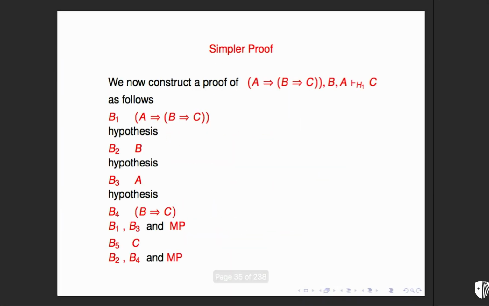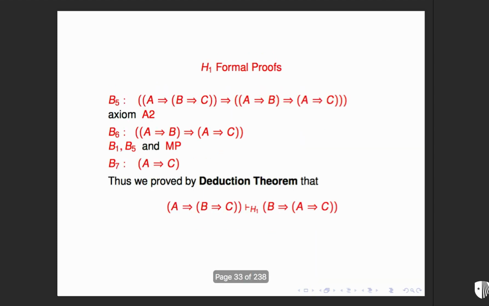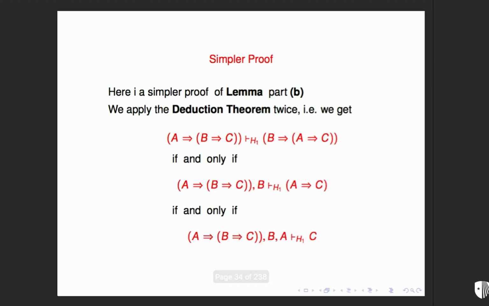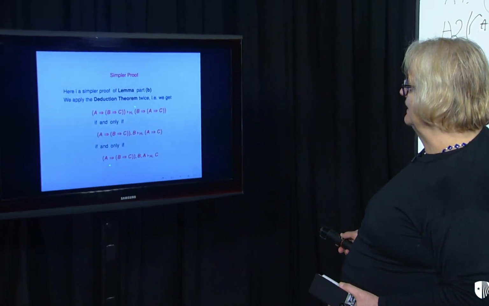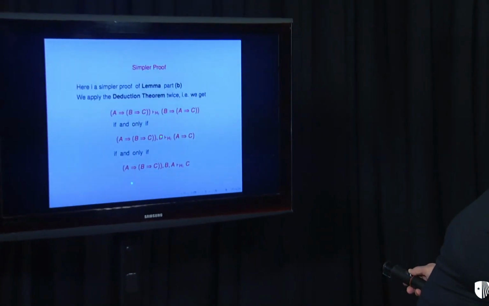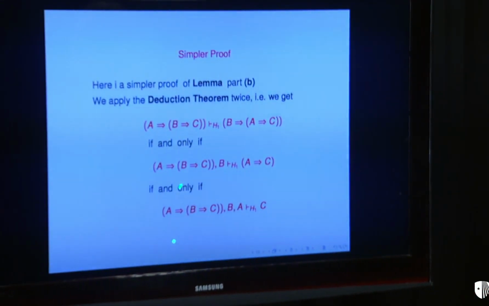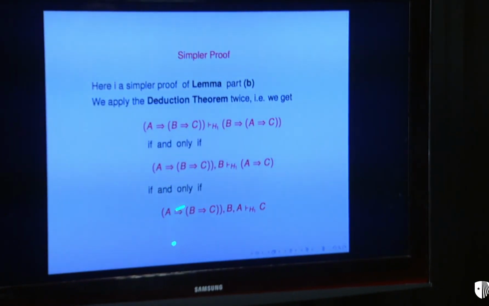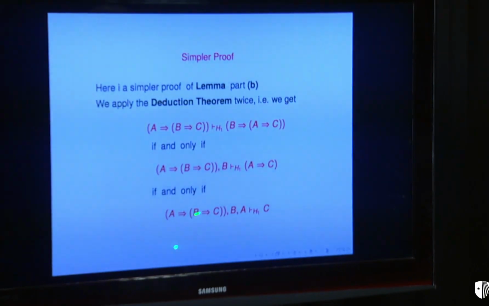So, of course, with deduction theorem we can get an easier proof. It means that if I want to prove this, I can apply deduction theorem twice. I can put B on the left side, and then I have this, and now I apply deduction theorem again, and I put A on the side. So proving this is the same as proving that.